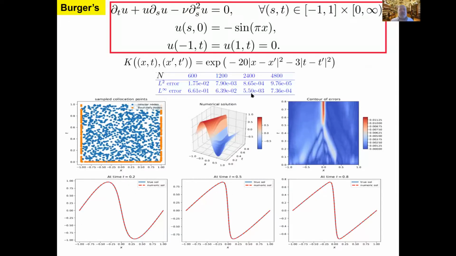Now, as mentioned before, this method and its convergence theorem generalize to arbitrary nonlinear PDEs. As an example, these figures illustrate the accuracy of the method for Burgers' equation when using the following anisotropic Gaussian kernel, in which the length scale of space has been chosen to be smaller than the length scale of time to capture the underlying shock being developed in the solution.